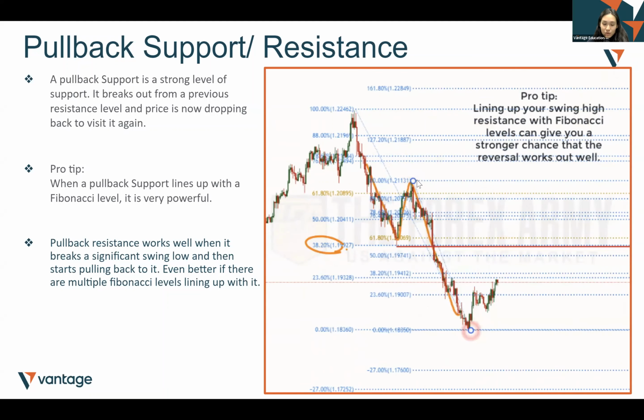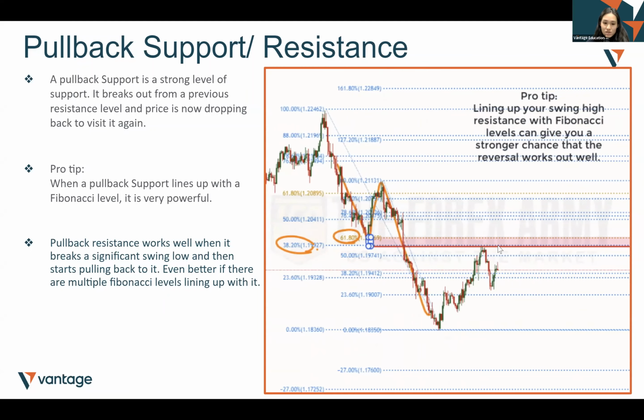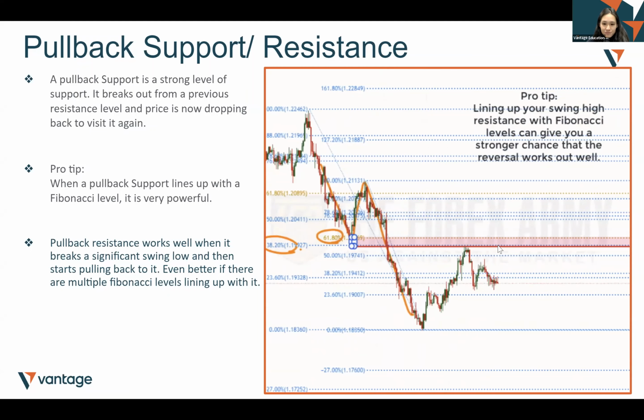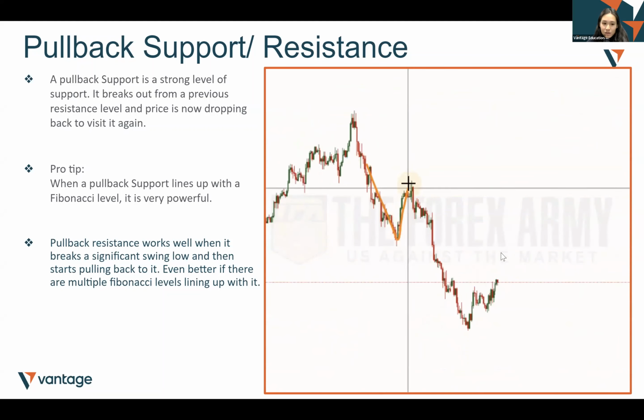And when making use of Fibonacci levels, here you can see there's a 38.2% as well as 61.8%. And we are expecting price to go back to this area of confluence. And you can see it bounced off nicely off of that area.